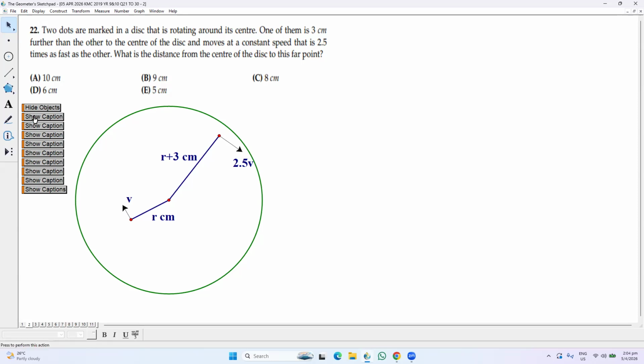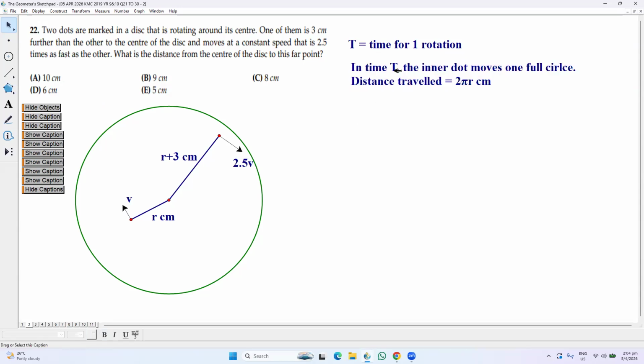We use time for one rotation, one complete revolution. Time T, capital T, time for one complete rotation. In the time T, the inner dot moves one full circle.